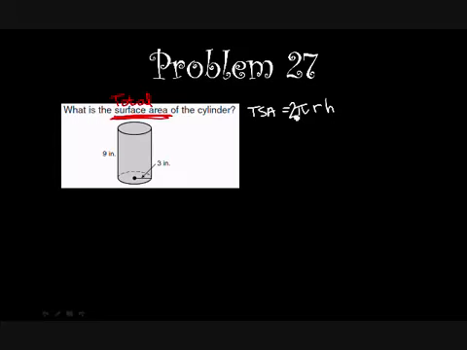Sorry, that's 2 pi r h. 2 pi r h is our formula. So we have 2 pi, the radius they give us is 3, the height they give us is 9. We're going to do the smart thing here and leave this in terms of pi. So I'm going to do 2 times 3 times 9 in the calculator, and I get 54, and then the pi just hangs out on the side, and that's our answer. Done.